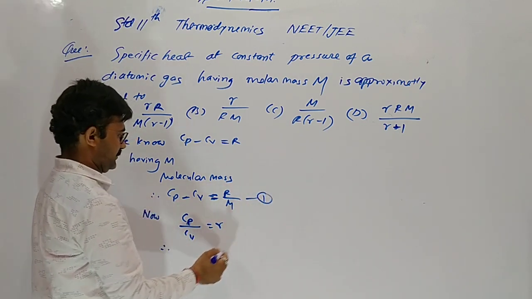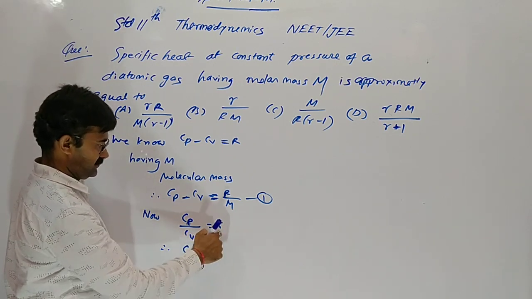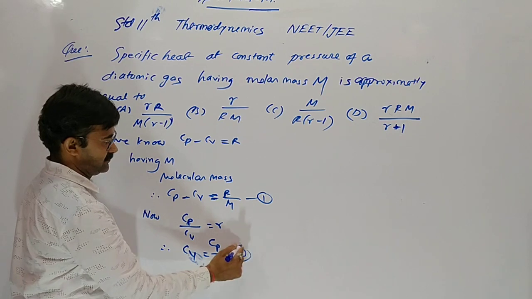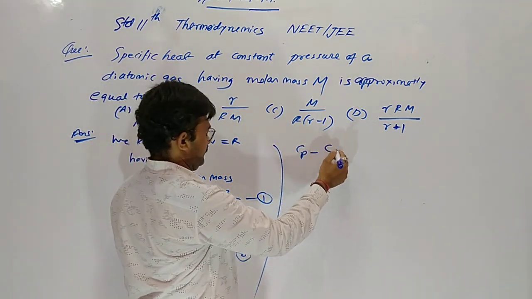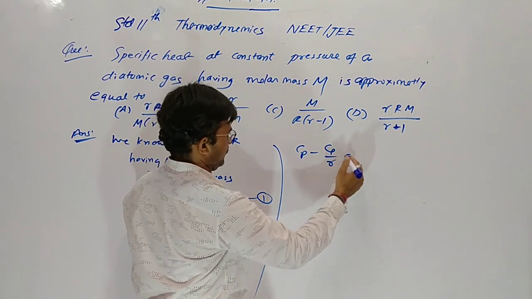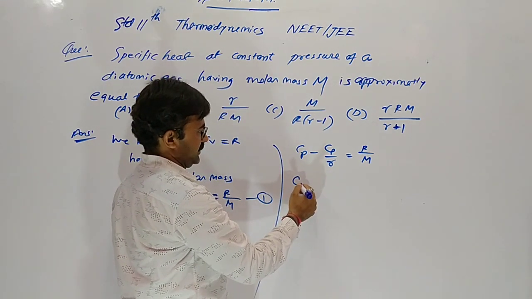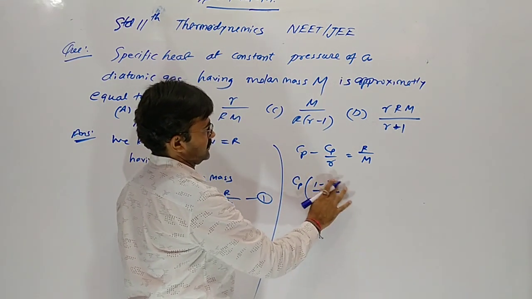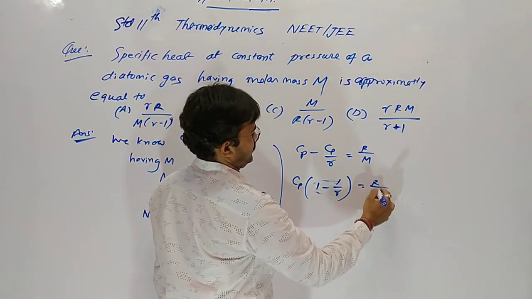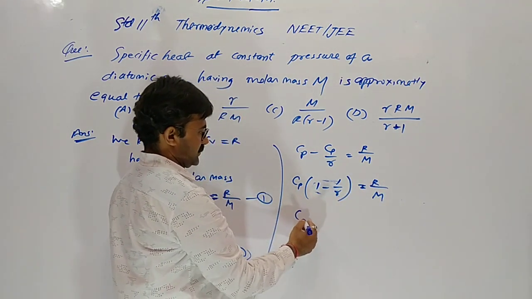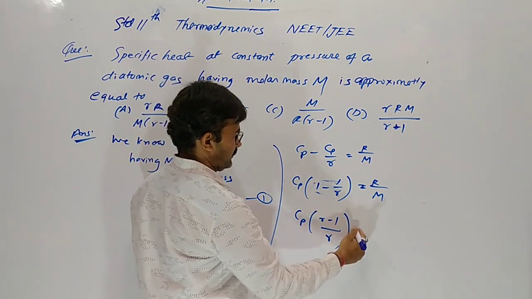This is equation 1, so Cv will be Cp upon gamma. Put the value here. So Cp minus Cp upon gamma is equal to R upon M. Here Cp is common, so Cp times 1 minus 1 upon gamma is equal to R upon M. Taking the LCM, gamma minus 1 upon gamma.